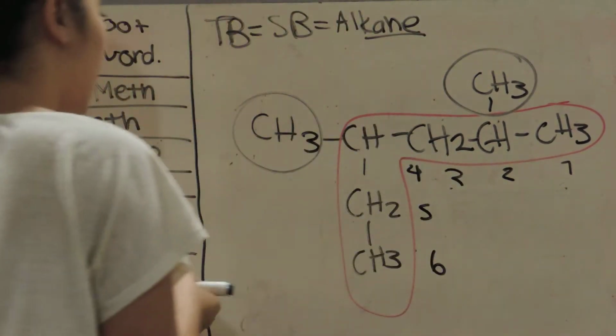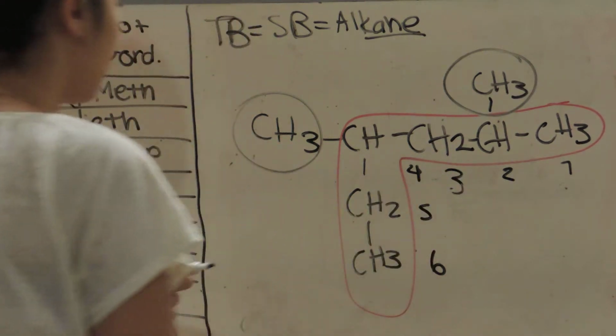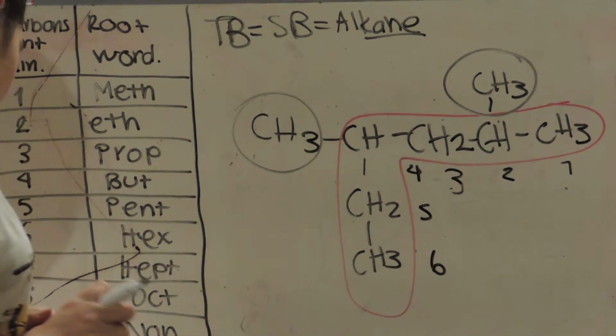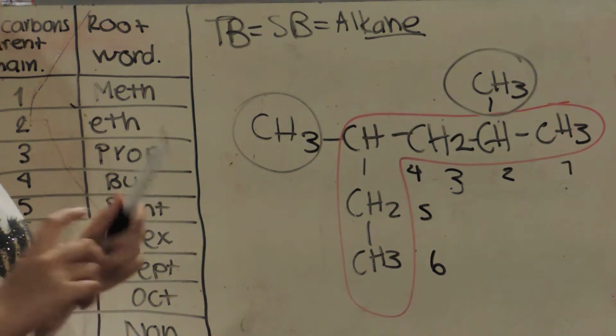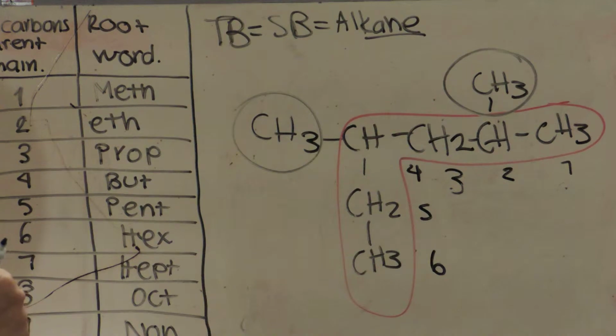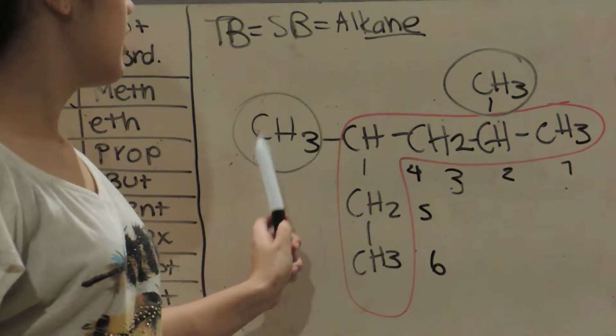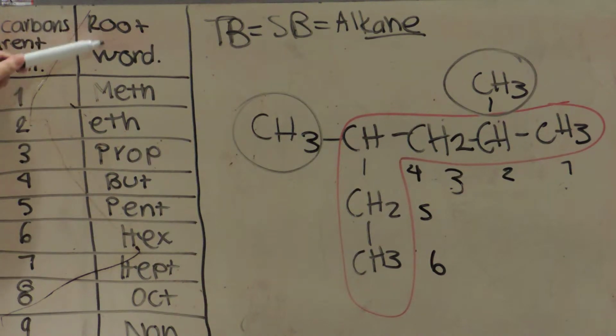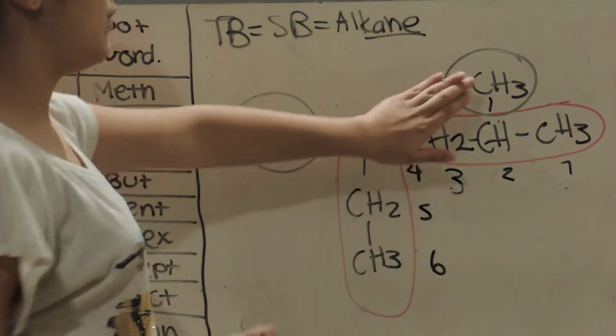Okay. Now that we numbered them, we need to continue with the alkyl groups, or the branches. The alkyl groups have specific numbers, and also a root word. Now, how can we name it?